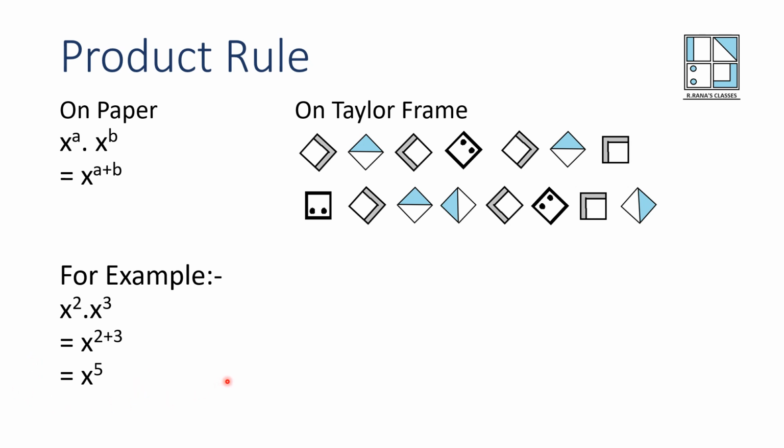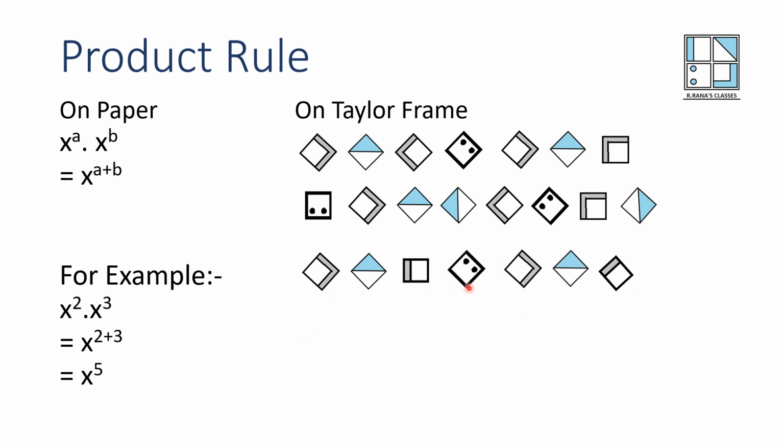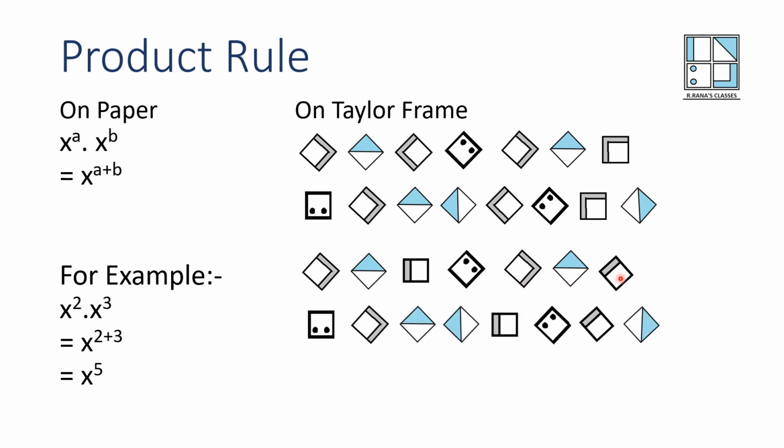On Taylor frame, it can be done like this: x raised to power 2 into x raised to power 3 is equal to x raised to power, brackets open, 2 plus 3, bracket close. Simplifying, we get x raised to power 5. Okay, so simple.